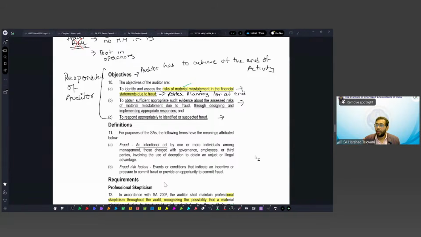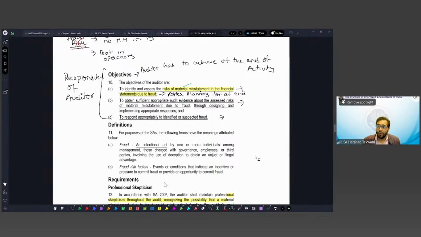Plus, read the chapter and study material on what we have discussed today. If you have not read it, go through SA 240 in your study material. It is very important. So complete the reading of the study material and try to solve some questions from it.